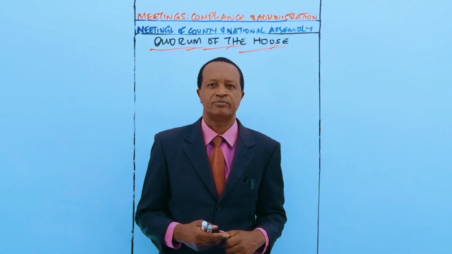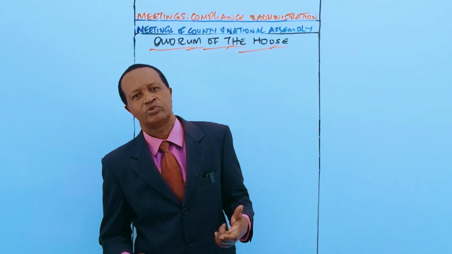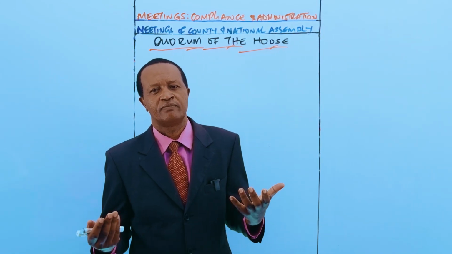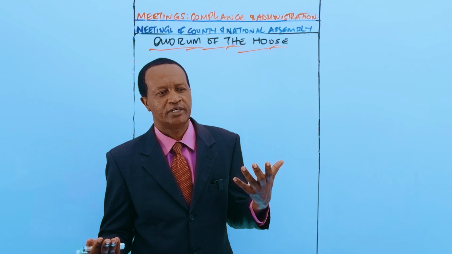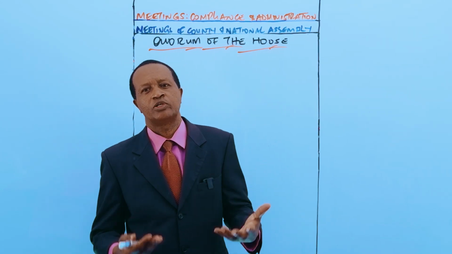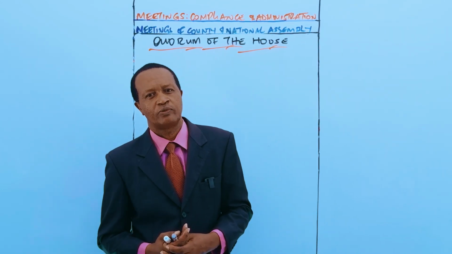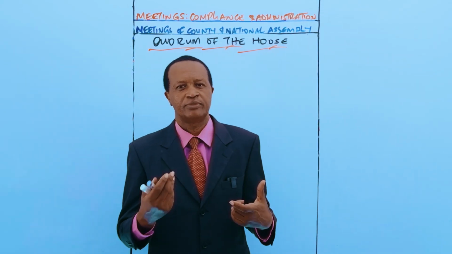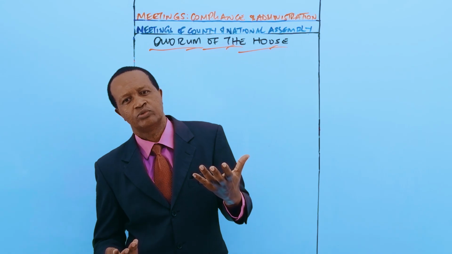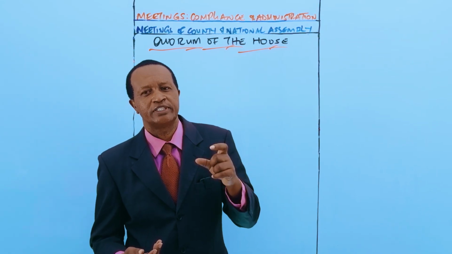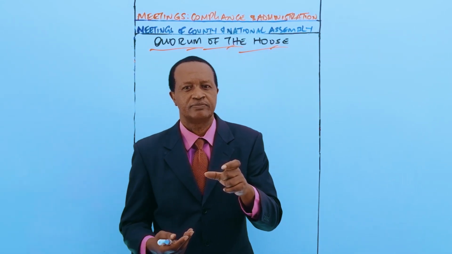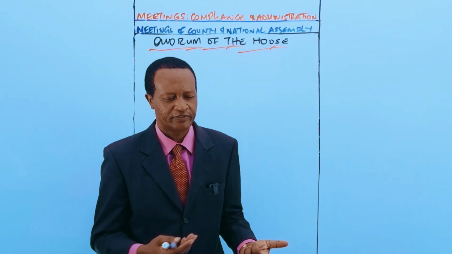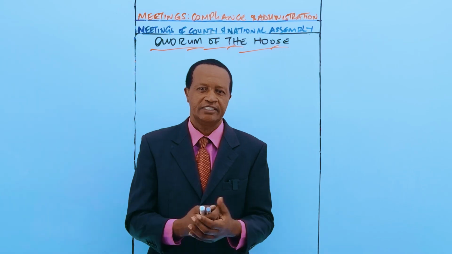In Kenya, the quorum requirements for the national and the county assemblies are established, for example, the National Assembly by Article 121 of the Constitution. And for the county assemblies, the quorum is established following the County Government Act, specifically Section 19.